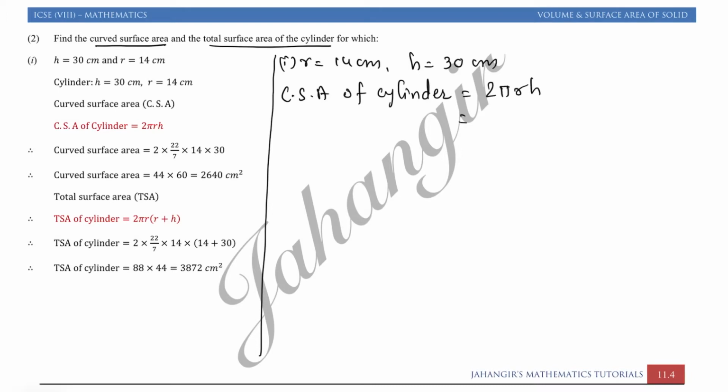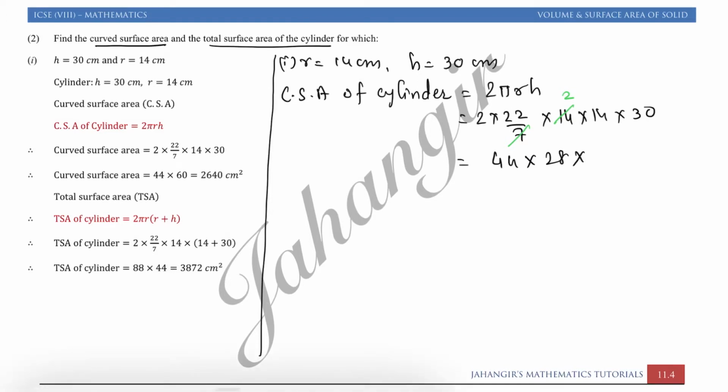So just substitute 2 into 22 by 7 into 14 into 14 into 30. So we can cancel out 7 ones are 7 twos are. So 44 into 14 twos are 28.